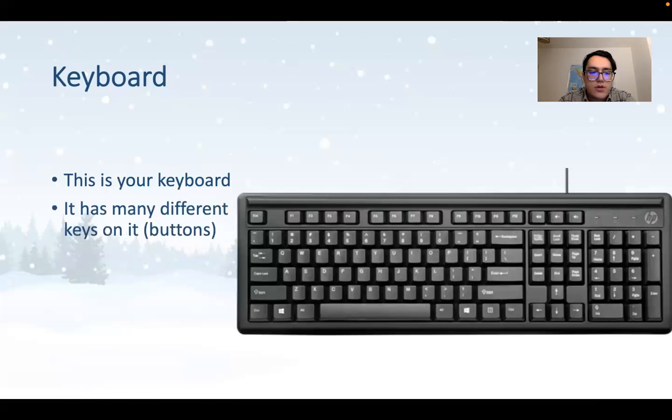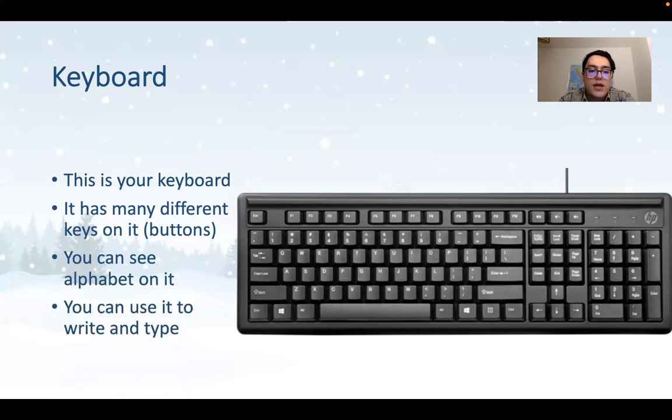This is your keyboard. It has many different keys on it. You can see alphabets on it. You can use it to write and type. You use your fingers to type on it, and everything you type, the computer will check and understand that you want to write, hello, how are you?